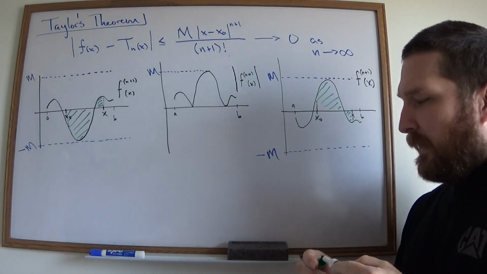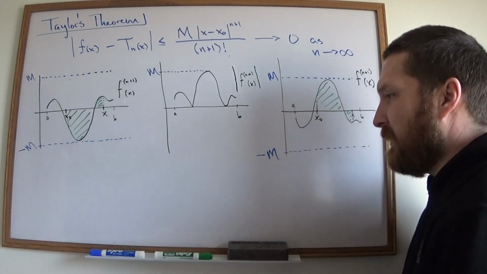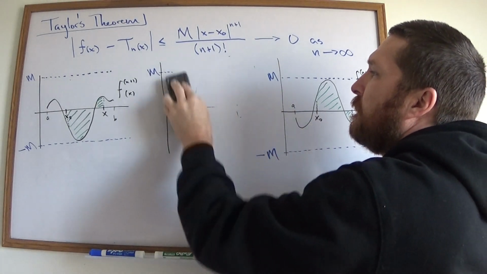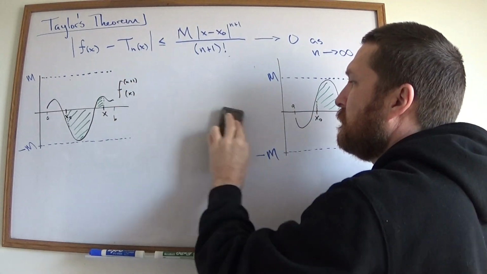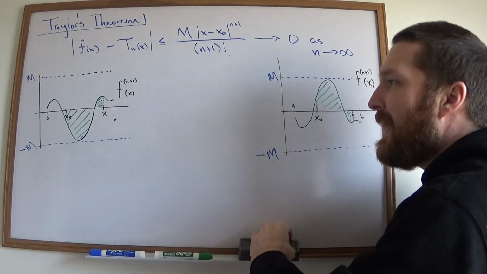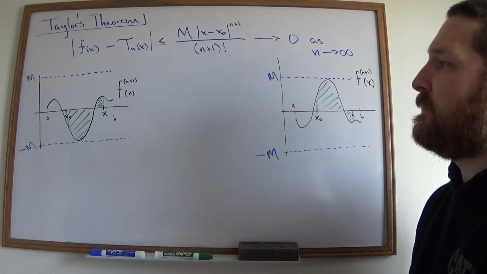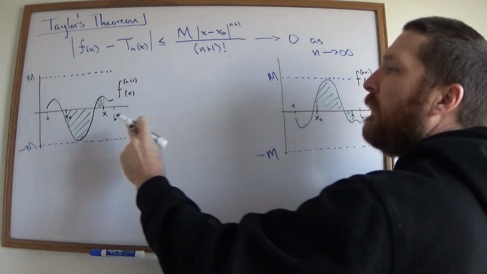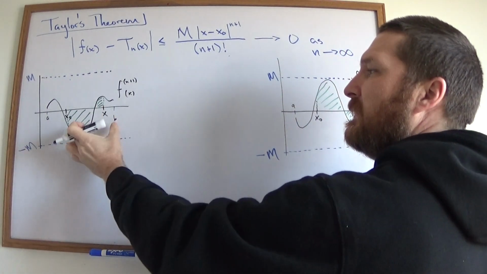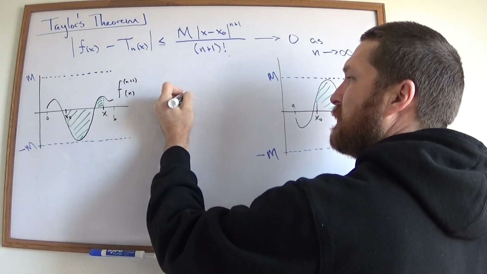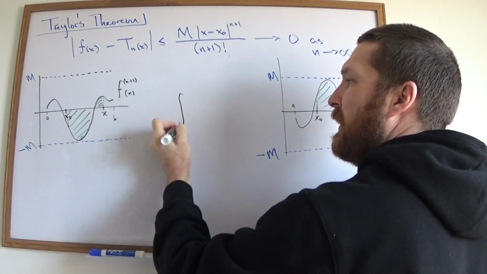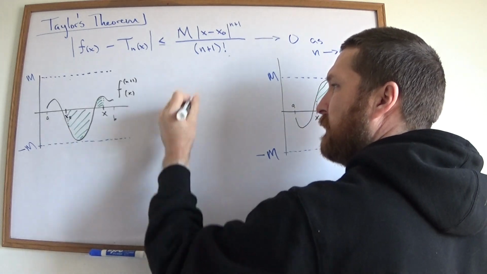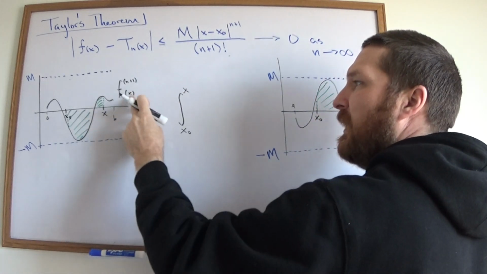Well, in either case, however you want to think about this, once you've found what M is on this interval, you could say, well, this area, and let's do this as an integral: the area from x0 up to x of this function.